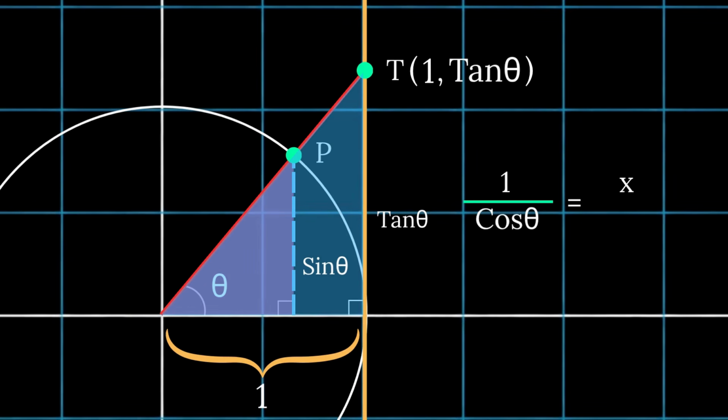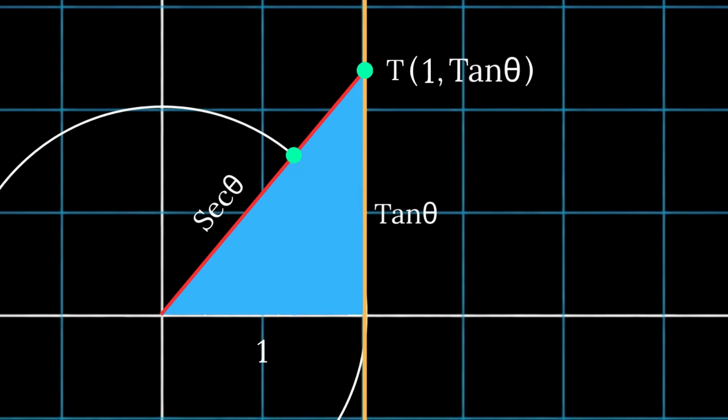The base of the bigger triangle is 1. So we get 1 over cosine theta is equal to x over 1. Simplifying, we get 1 over cosine theta is equal to x. And this is the reciprocal of cosine, which is secant itself. Therefore, the hypotenuse of the bigger triangle must be equal to secant theta.